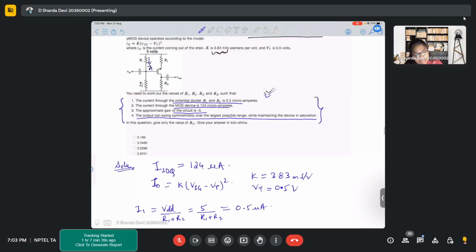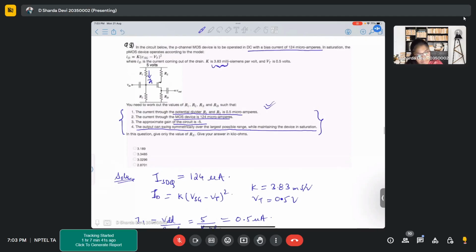Now next, the current flowing through the MOS device is 124 microamperes. Whatever current is flowing through the MOS device, that same current is flowing through RS and RD also, correct? Because they are in series.